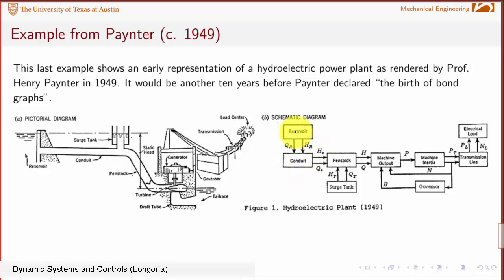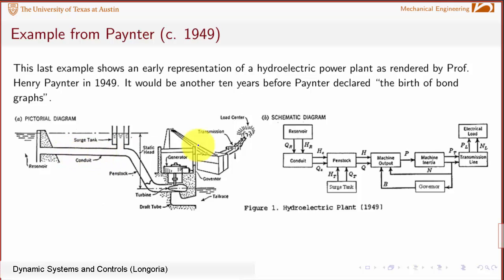And he pointed out how he had been working on these hydraulic power transmission systems. So he was interested in modeling these systems, and this is a lot of what motivated him to develop the bond graph method.